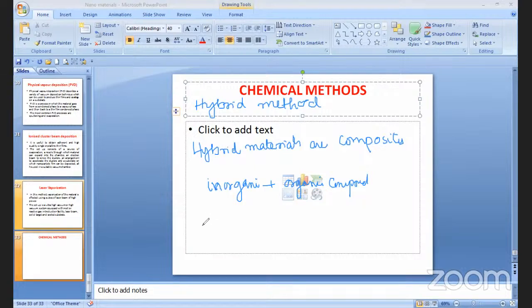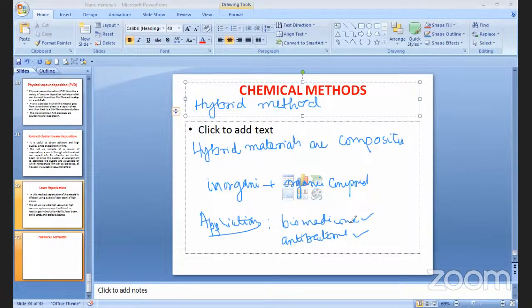They have applications in the field of biomedicine, as well as antibacterial uses, which can be made with the help of this hybrid method.